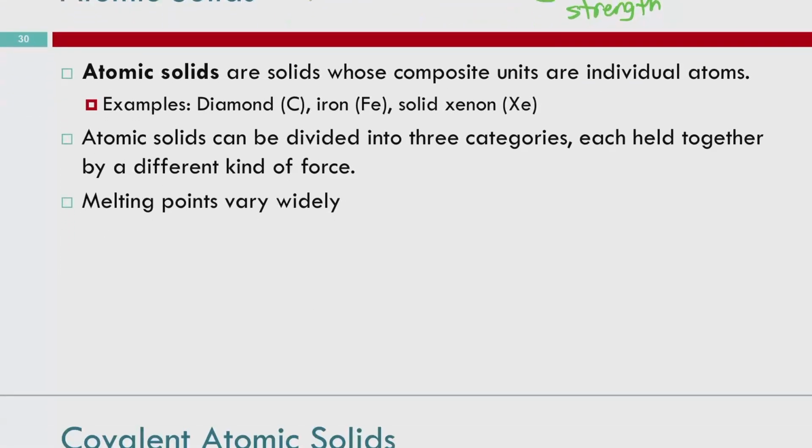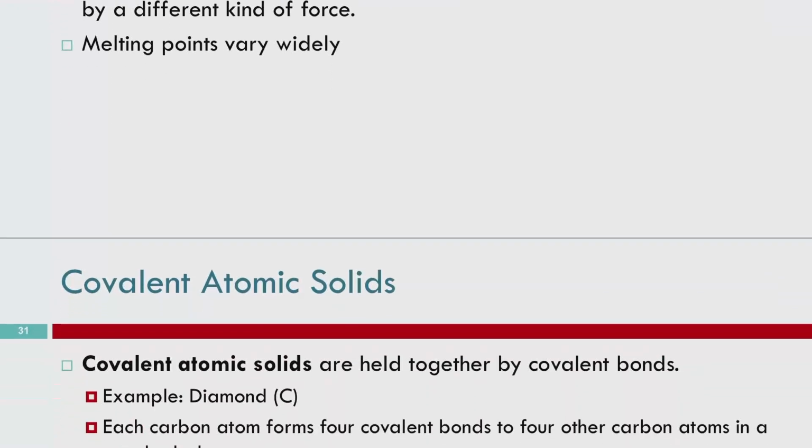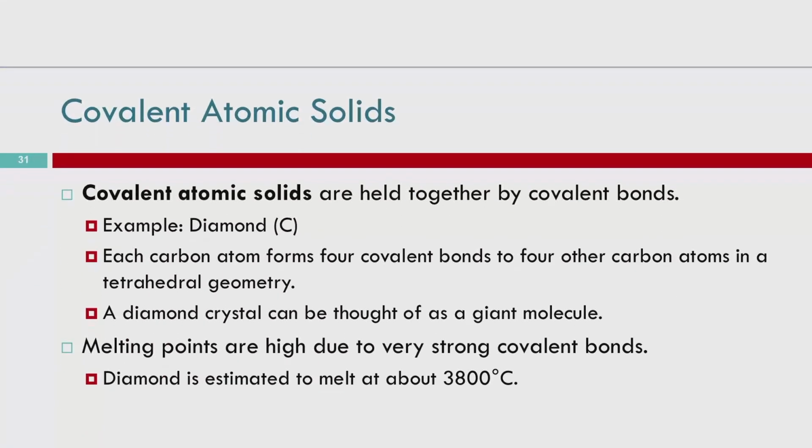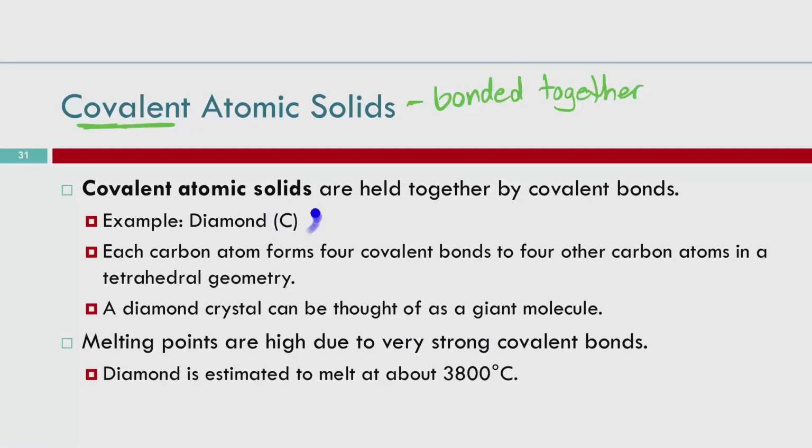So for our atomic solids, we've got covalent atomic solids. Covalent meaning that they're connected by covalent bonds. So where it's all one chemical, like carbon makes up diamonds, but all the carbons are covalently bonded.